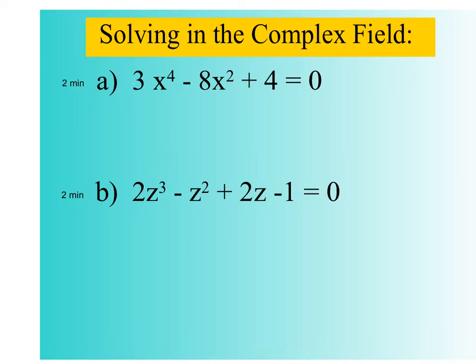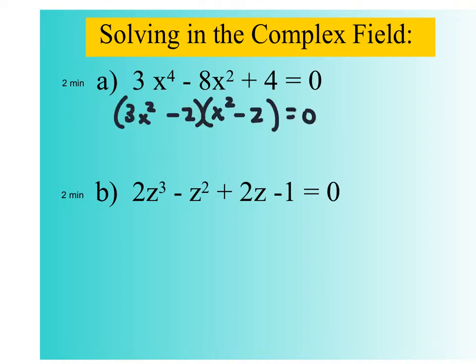The other possibility is that there's 2 imaginary and 2 real, or 4 imaginary. So imaginary solutions always come in pairs. So here I could have 1 real solution and 2 imaginary solutions, or all real solutions. Right, so let's go ahead and do a little factoring here.